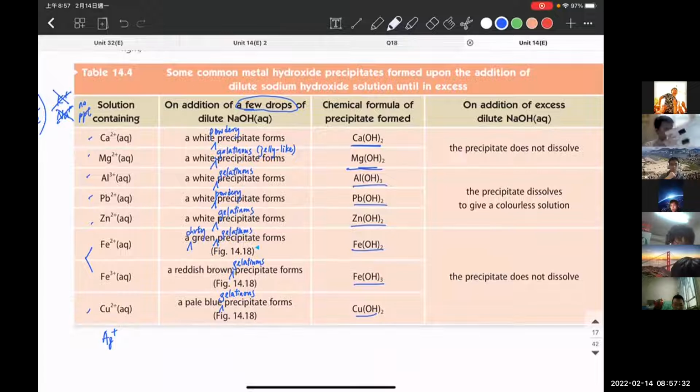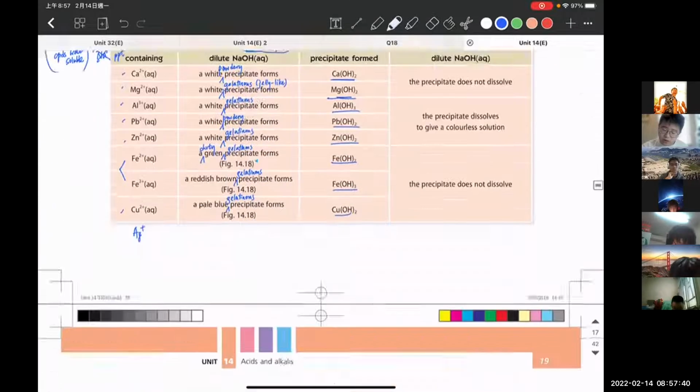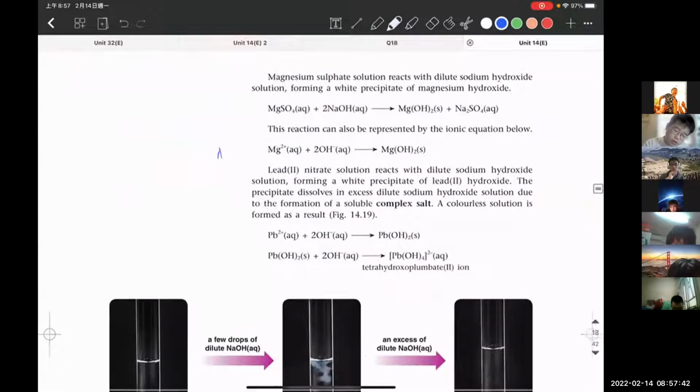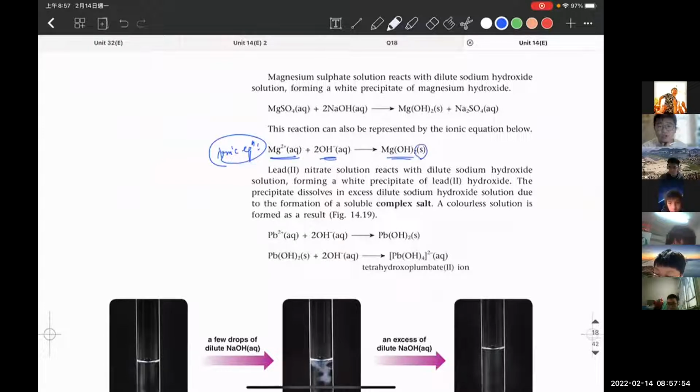So if you want to talk about the chemical reaction, we focus on the ionic equation. Take a look. This is the ionic equation. It is simply adding the magnesium ion or some other ion with hydroxide to form that hydroxide, which we write down as solid. This is very special.